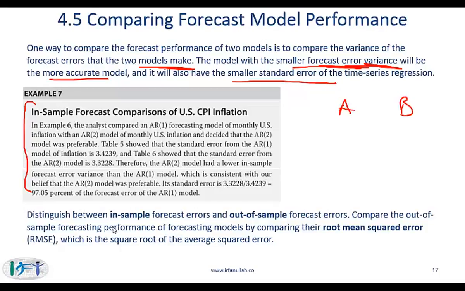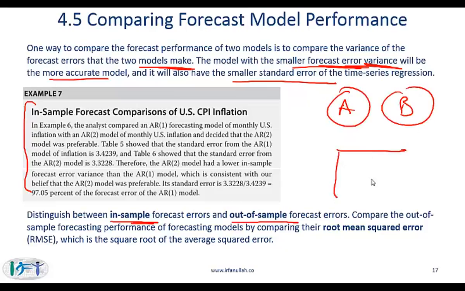The other important point is to distinguish between in-sample forecast errors and out-of-sample forecast errors. The point being that you've created these two models A and B, and both these models were created based on some data.